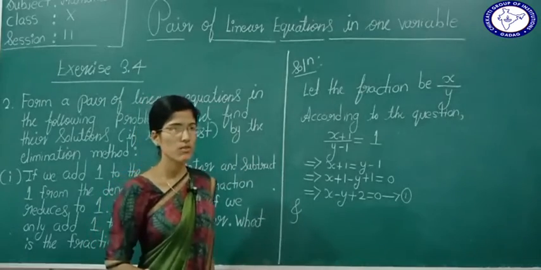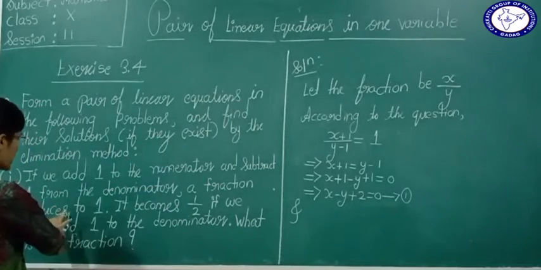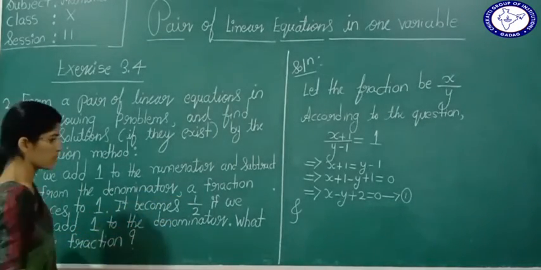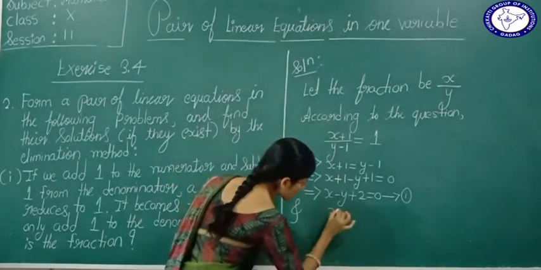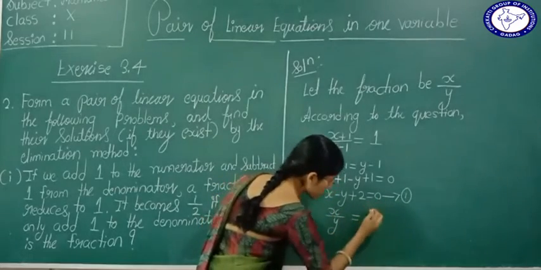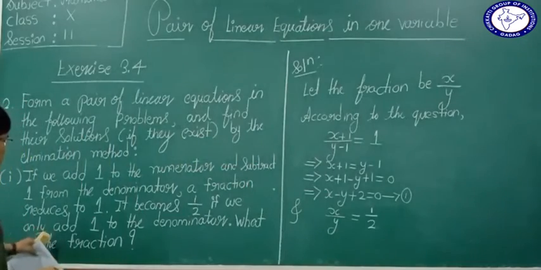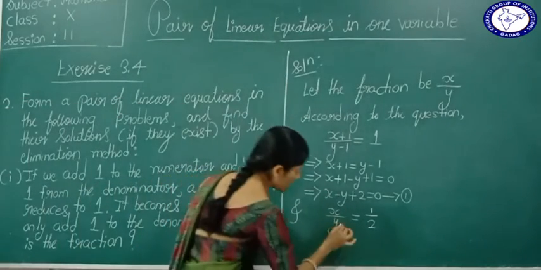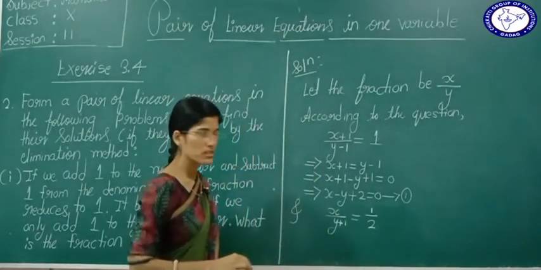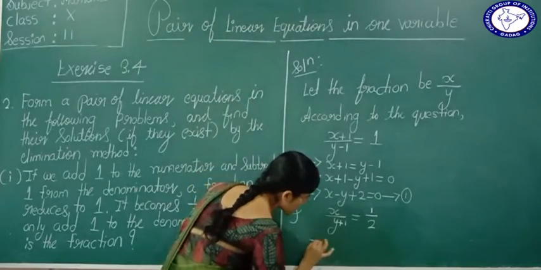According to the question, one more condition is given to us: this fraction becomes half if we only add 1 to the denominator. So according to the question we have written this, and we will simplify it.